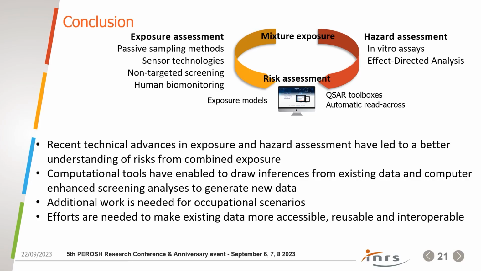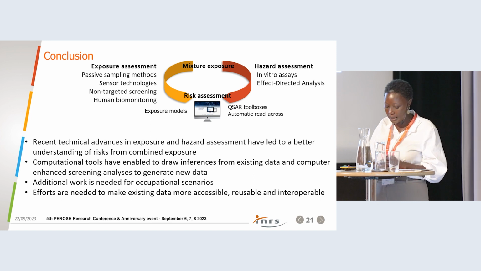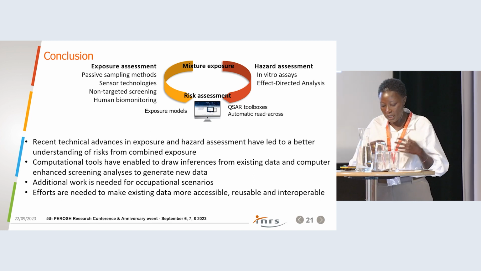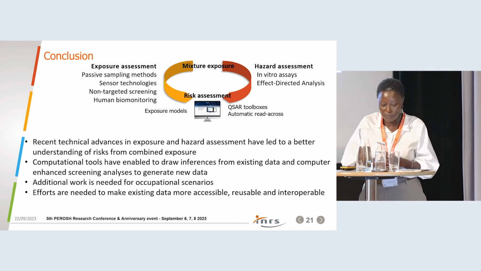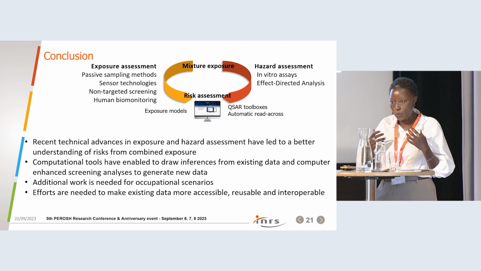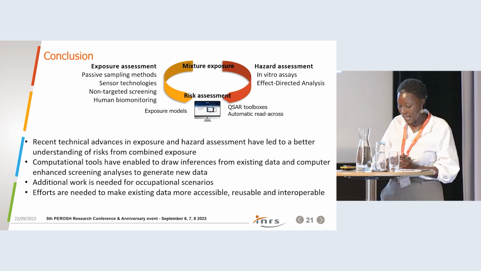Okay, just to wrap up, in this short presentation we can see that we now have a lot of tools available to perform risk assessment of a mixture. Those tools can be for the exposure assessment and for the toxicity assessment, and we can also anticipate that with the growing use of artificial intelligence, we are going to have more and more innovative possibilities for other assessments.